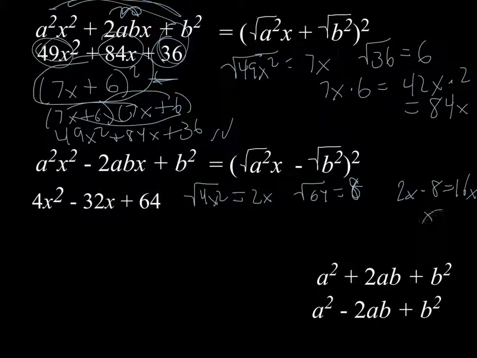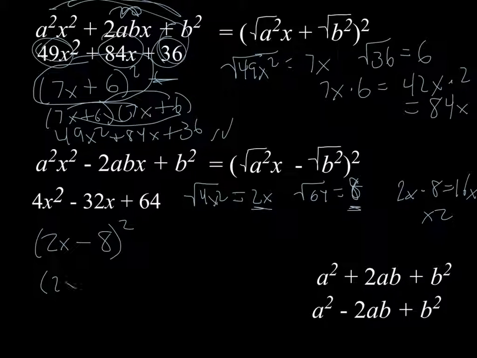If I multiply that by 2, does that give me the 32? Yes. And the fact that the middle is negative means that we are going to have the square root of the first term minus the square root of the second term, squared.